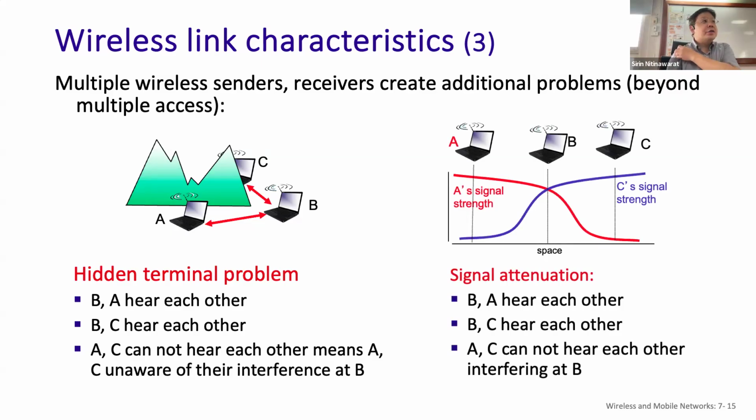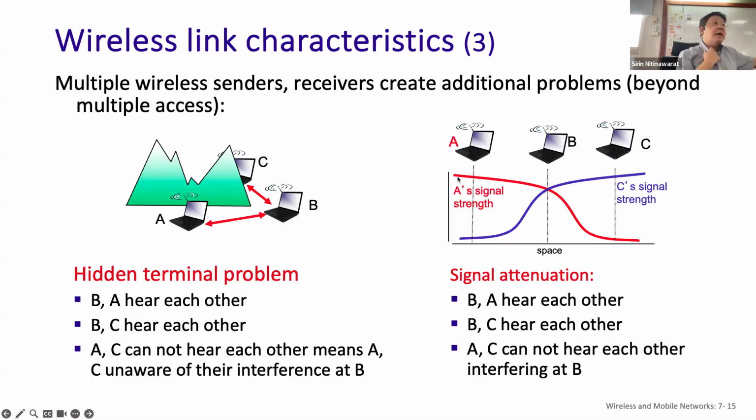The picture on the right shows another scenario where logically the same situation can happen, but the cause here is different. There's no obstructor going on. Here, A and C are hidden to each other because they are further away, right?